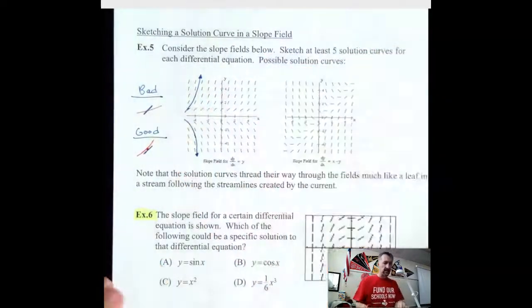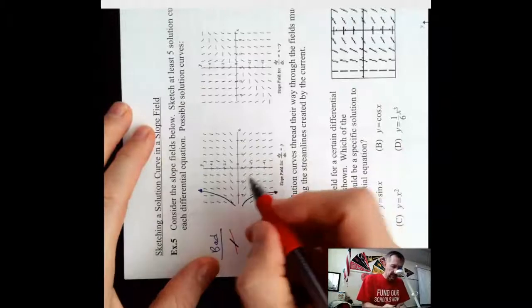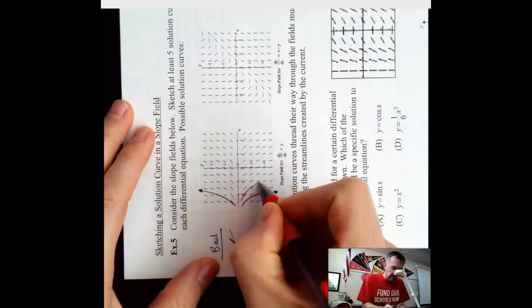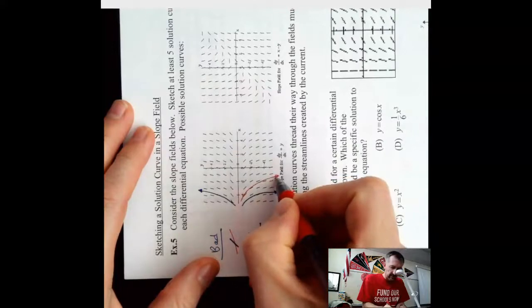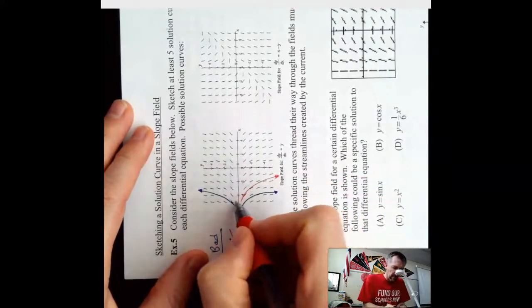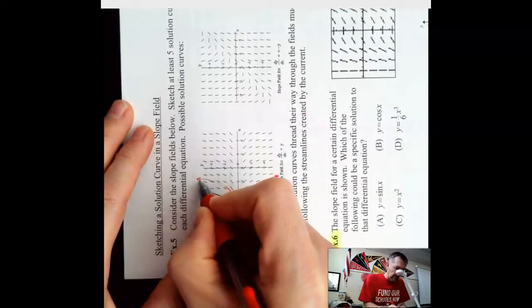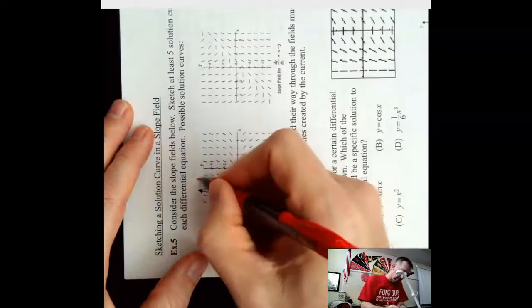So I don't even know, this might be better for me to do it this way. So if we move over here a little bit, we might go like that. So I'm almost trying to go in between them more than connecting them. Okay, so there's two.